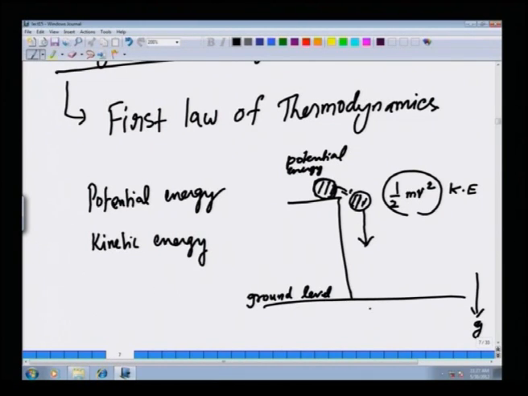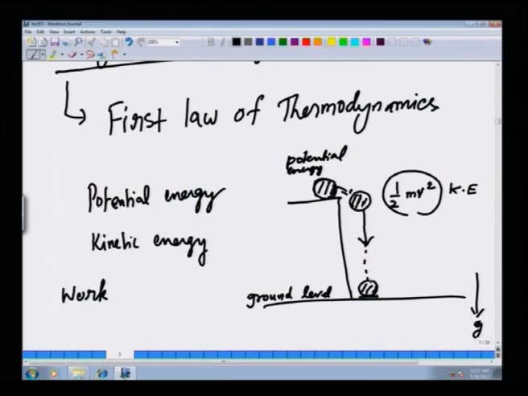So, if you just tip over, the sphere is going to fall down eventually, and it is going to come to the ground level. Now, if you ask the question, how am I going to bring the sphere back up to the same level, you have to do work.